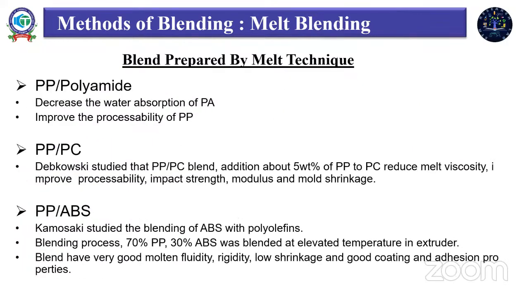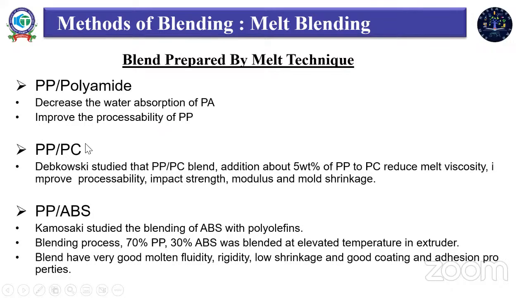Blends which can be prepared by the melt technique include, for example, polypropylene and polyamide. This PP-polyamide blend decreases the water absorption of polyamide and improves the processability of polypropylene.